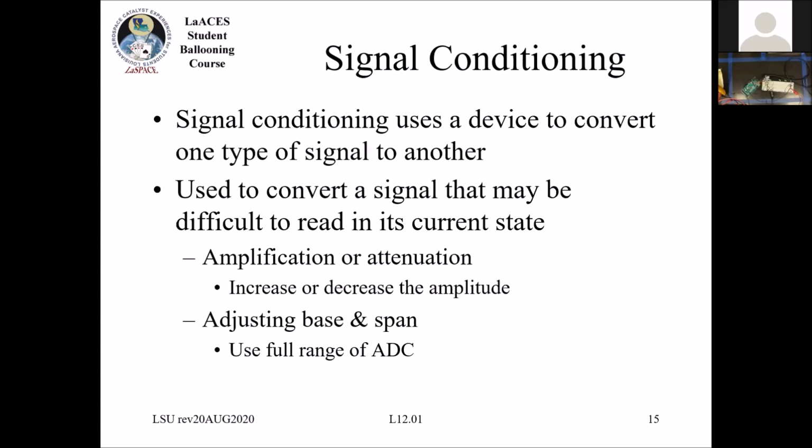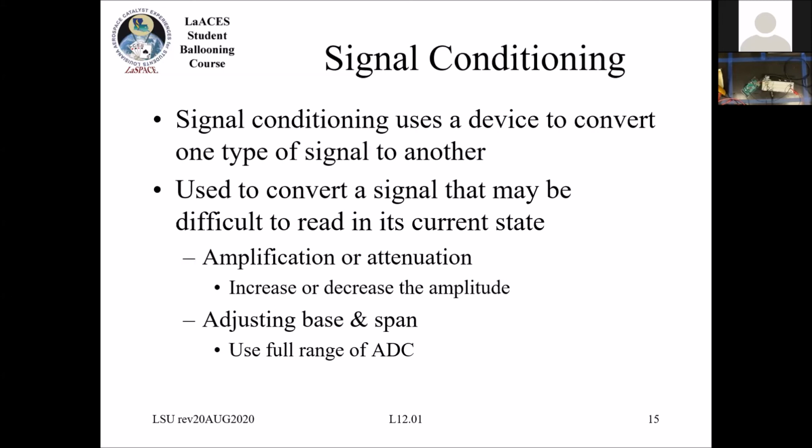For example, if we have a signal that is only varying from 0 to 1 volt, but our ADC is a full 0 to 5 volt, well, we want to take advantage of that whole 5 volt resolution. So we would take our 0 to 1 volt signal, run it through an amplifier that would amplify it by 5. That way we can get the full advantage of that resolution.